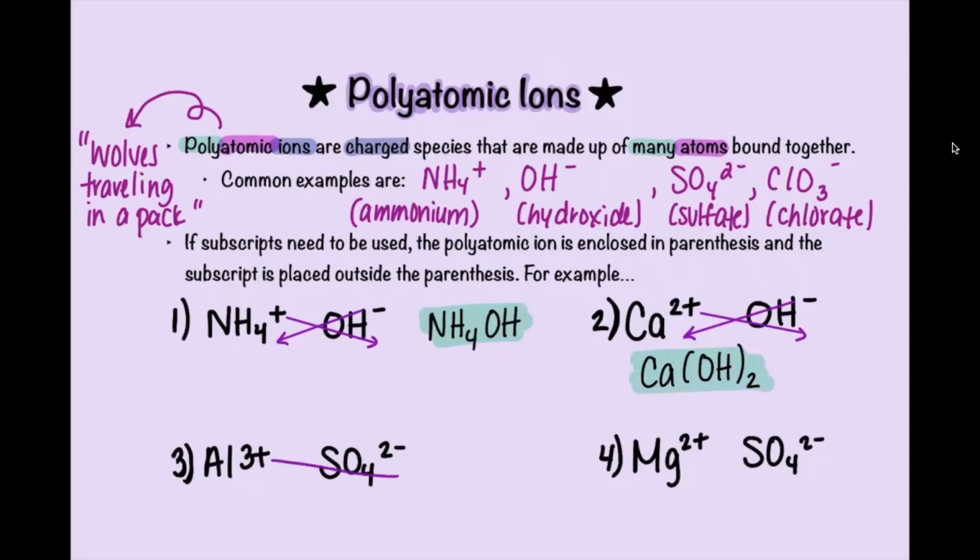Let's try this next one. When we cross these charges, we'll end up getting Al2, parentheses, SO4, with a 3 on the outside of the parentheses. And again, this 3 tells us we have 3 sulfates present.